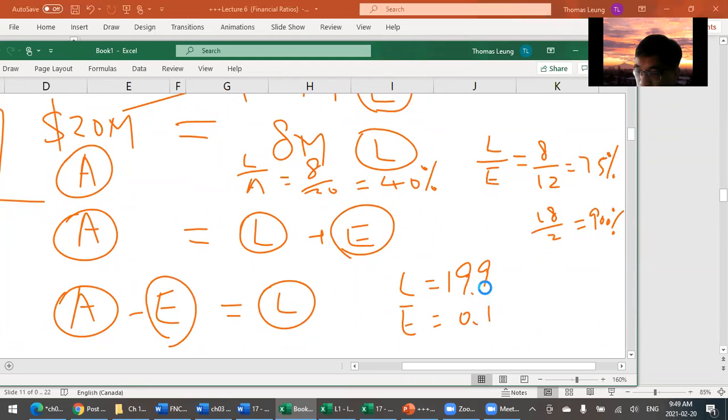It still can make up a total of $20 million, right? But what I've invested is only $0.1 million. So if you divide this by this, you will get 1,990%. Now, what does that mean? It means by reading the percentage, you have no idea of how much you've actually borrowed. No idea. It can be 70%, it can be 900%, it can be 19,000%. Yes, 19,000%. You simply have no idea when you read the ratio here, if you use this formula.